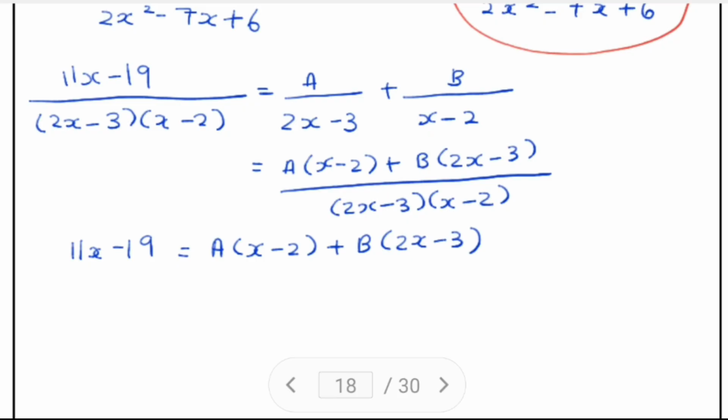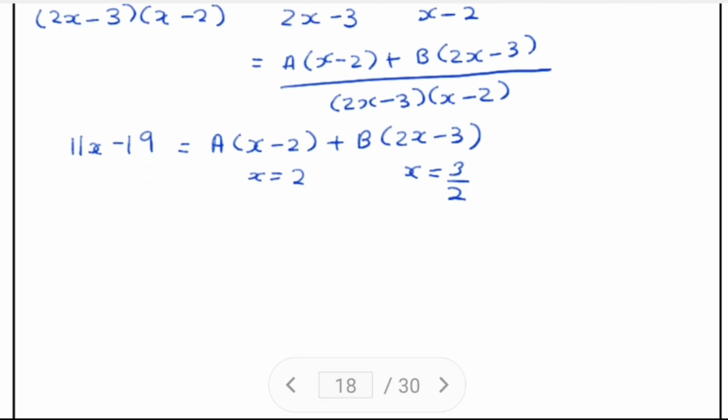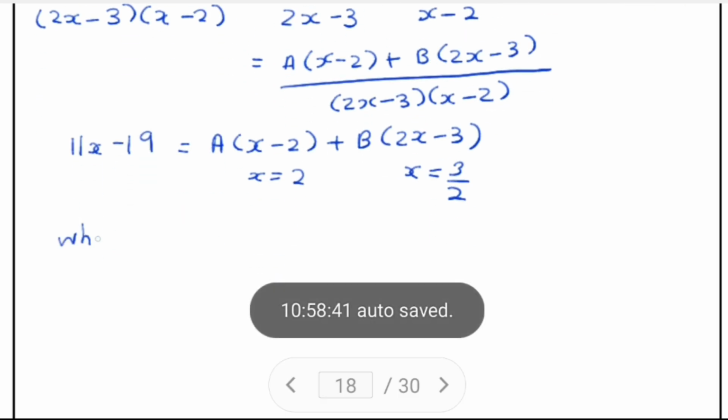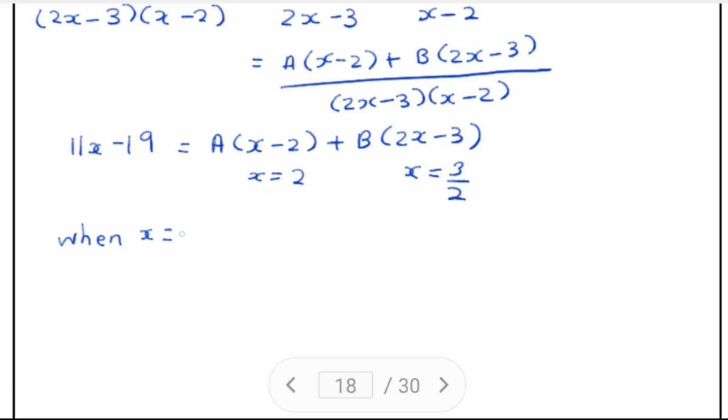Next, we have to find the values of A and B. By substituting two values of x, we're going to find A and B. So we can let x be 2 and x equals 3 over 2. When x equals 2, 11 times 2 minus 19 equals A times 0, because 2 minus 2 is 0, plus B times 2 times 2 minus 3.